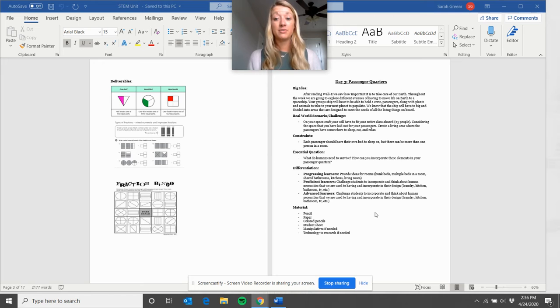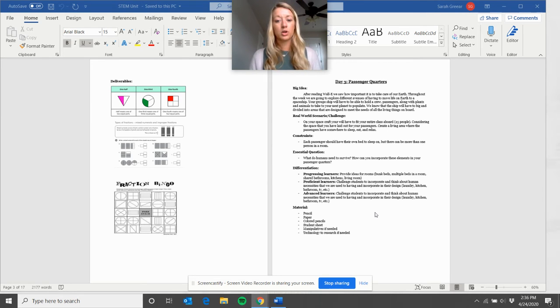So the students have to figure out a way to divide the space designated to their passengers to house 25 people and also incorporate other areas that people consider a necessity to living, such as a place to sleep, a place to eat, and a place to relax. So the students have to determine what humans need to survive and how they can incorporate these elements into their passenger quarters.